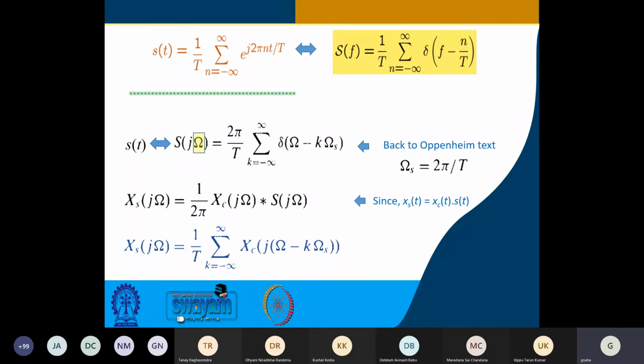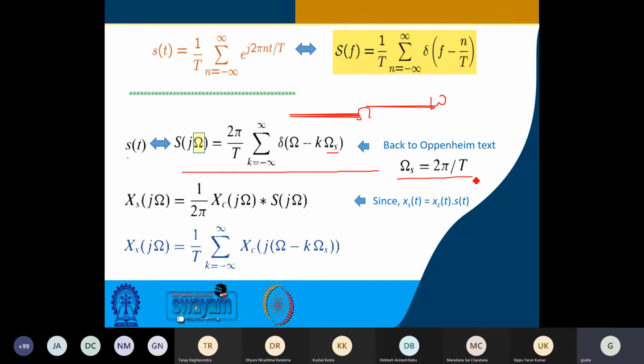And then we looked at what is the frequency domain representation of this sampler. So we found that this is the frequency domain representation, and in this, capital omega represents analog domain and small omega represents digital domain, discrete time domain. Okay. So that is the corresponding frequency values that we had noted.